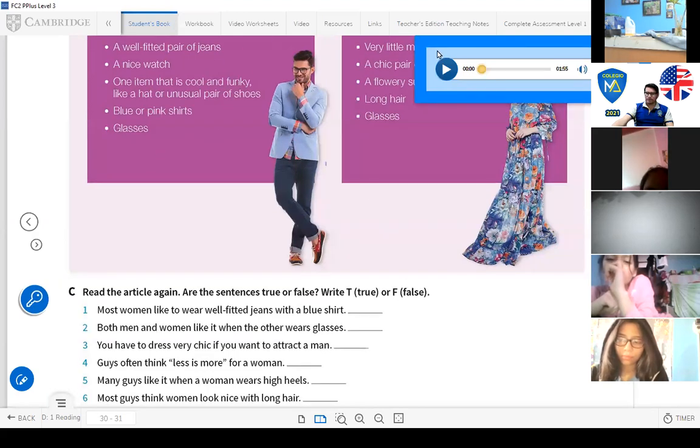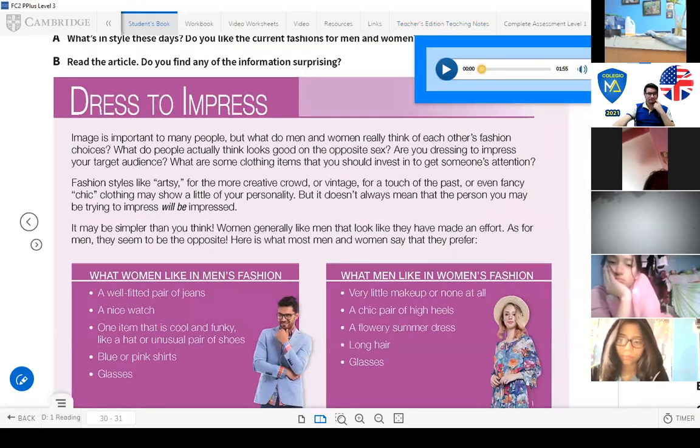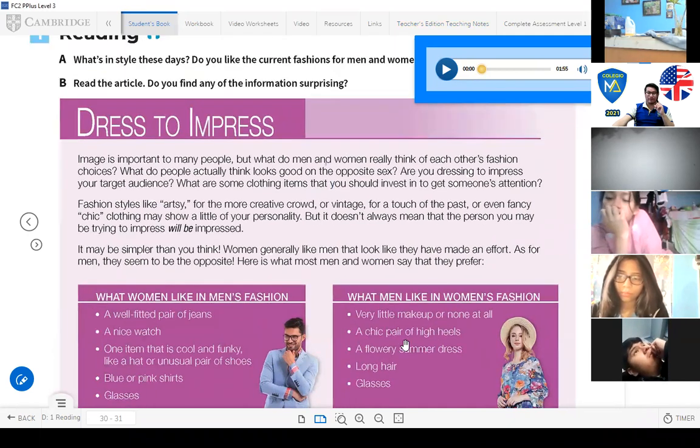It says, for example, most women like to wear well-fitted jeans with a blue shirt. Like, the women like, it says here. What do you think? Yes or no? They don't say about the women, right? So you have to think on that.